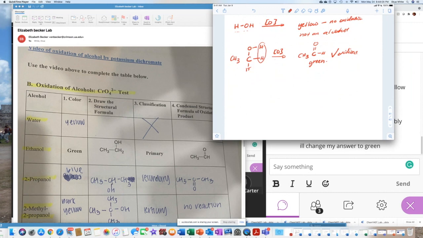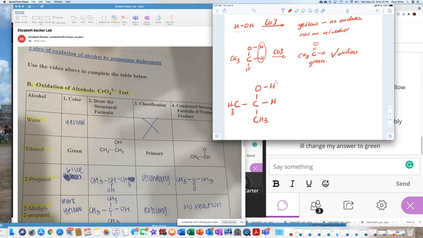Okay, so the next one here, 2-propanol. Propanol is 3 carbons, right? 1, 2, 3 carbons. On the second one, we have a hydroxide. So it's this carbon here exchanging. Let me write this differently so that I'm going to move the carbon down here because I want my hydrogen on the side. I just prefer it that way.